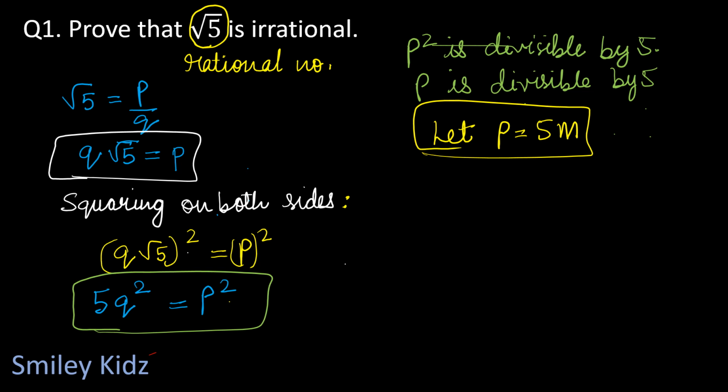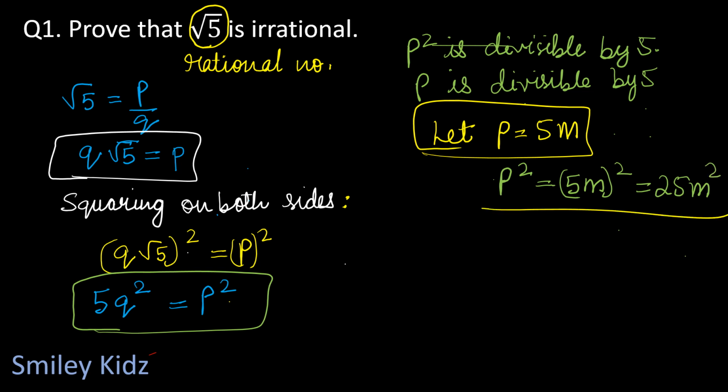Now, when P is equal to 5m, what will P square be equal to? 5m whole square, that is equal to 25m square. Now, why did I do P square? That is because I want to substitute the value of P square in equation number 1, that is 5Q square is equal to P square.